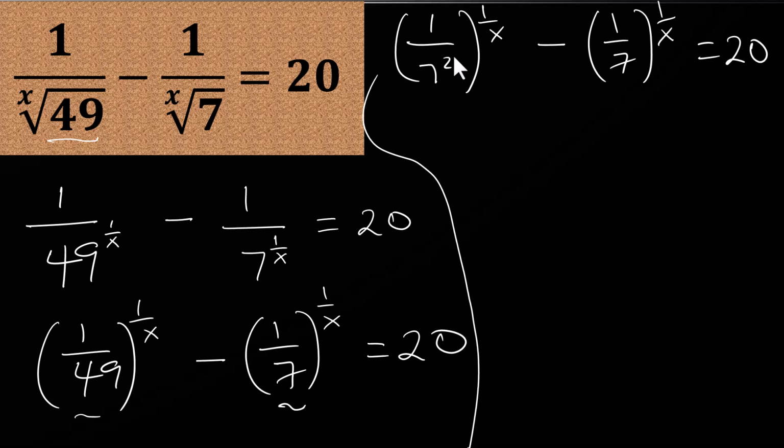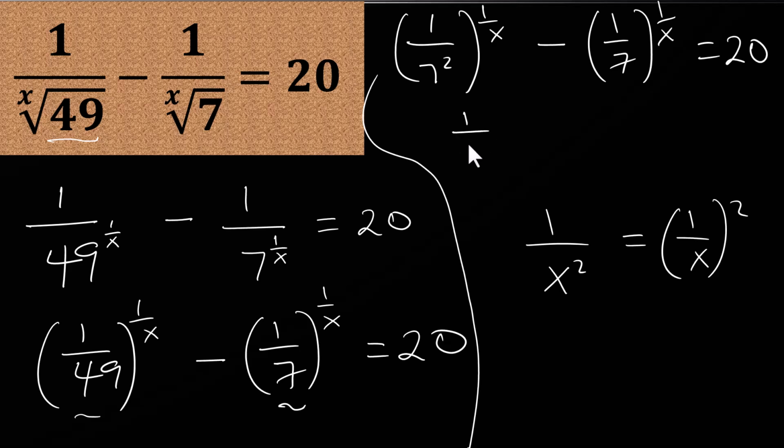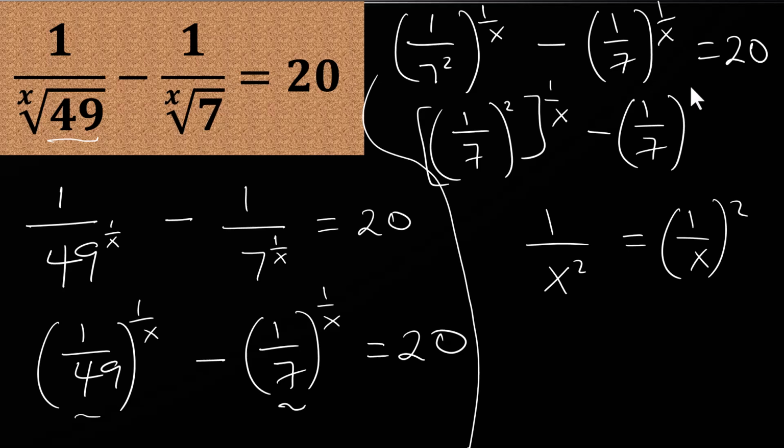So we can bring these two out, since 1 on x to the power 2 is the same as 1 on x all squared. So we can say from here that 1 on 7 all squared all raised to 1 on x minus 1 on 7 all raised to 1 on x equals to 20.